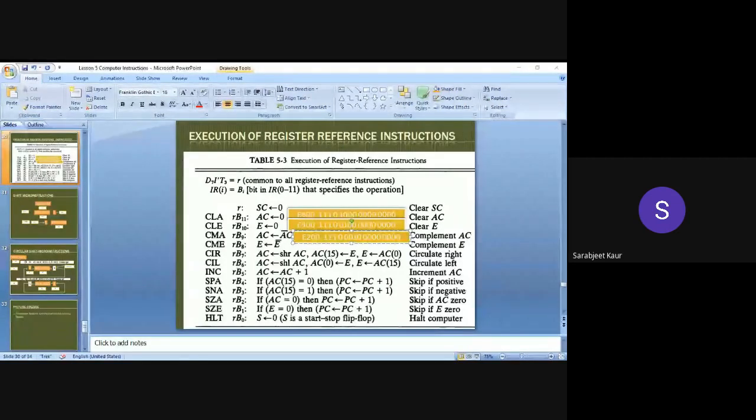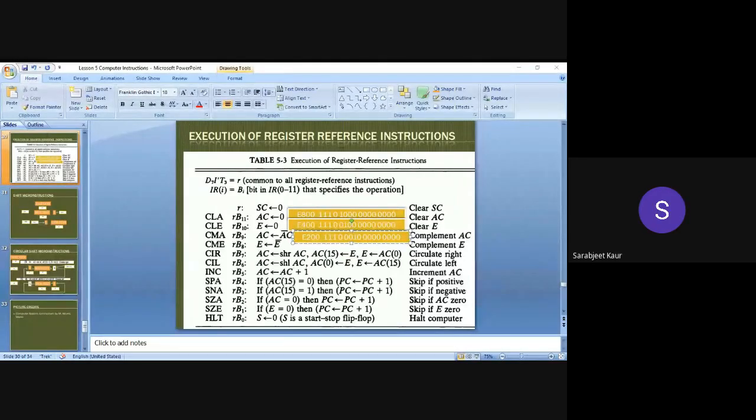So if I simply increment the value of PC by 1, what will happen? It will now start pointing to the instruction after the next instruction. Okay, and we don't need to make any other change.